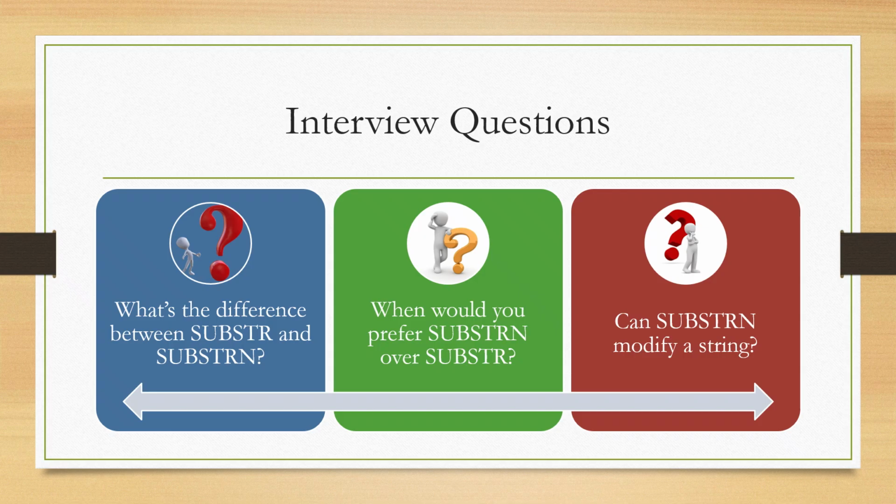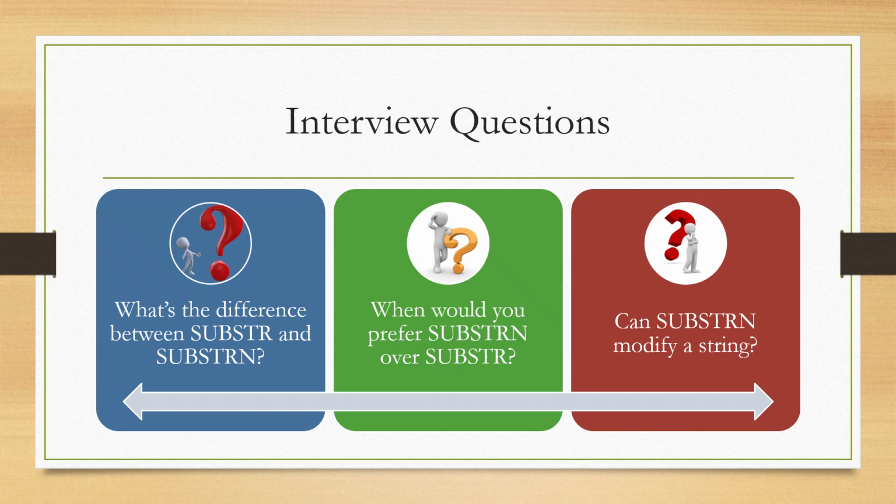The next question can be: when would you prefer SUBSTRN over SUBSTR? When working with unpredictable data lengths, for example USUBJID, adverse event terms, or messy CRF entries, it is always recommended that we use the SUBSTRN function instead of SUBSTR because SUBSTRN will always return a safe value and will not throw an error.